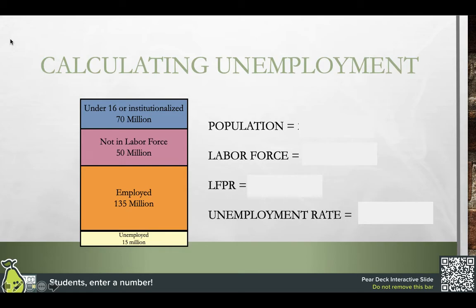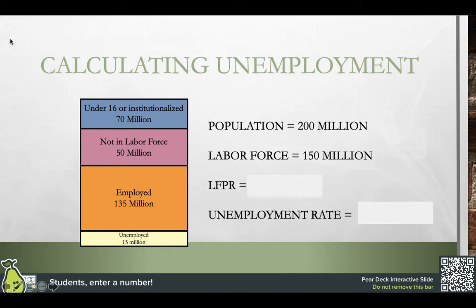So what would the population be for unemployment calculations? 200 million. We take the unemployed, the employed, and not in the labor force. The labor force, that's unemployed plus employed, 135 plus 15. That gives us 150 million.